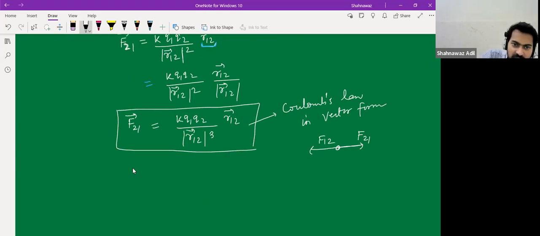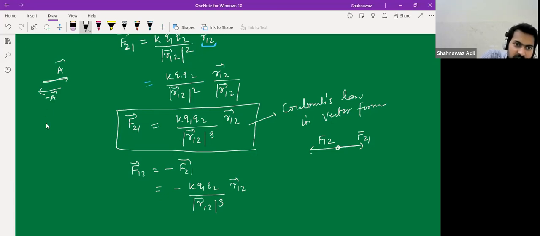So F12 would be negative of F21, right? Yes, sir. So this would be negative of K Q1 Q2 by R12 cube, and this is R12 hat. So let's say that this is some A vector, and negative of A vector would be minus A in the opposite direction, right?